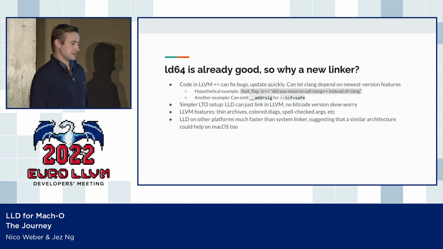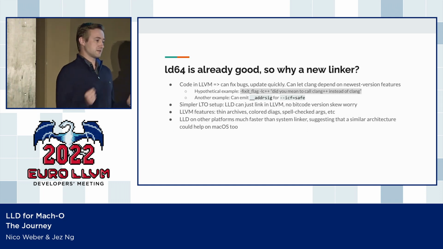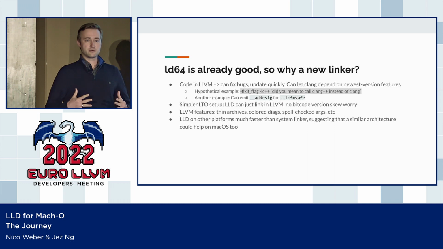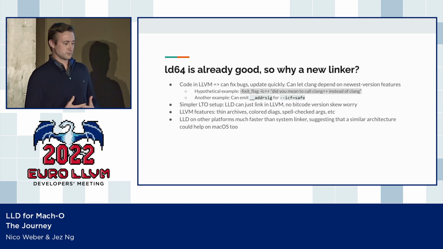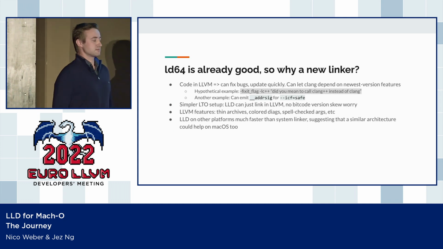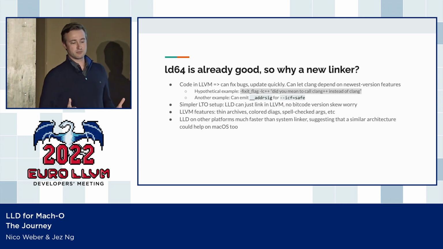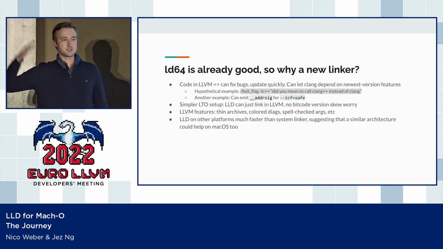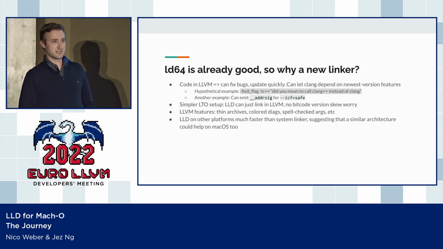Another effect of LLD being part of the LLVM repository is that the compiler driver Clang and LLD know that they're at the same revision, so they can work together more tightly. One example: if you build a C++ program but you use clang instead of clang++ to link, then you get pages and pages of undefined symbol errors about, I don't know, streams and stuff.